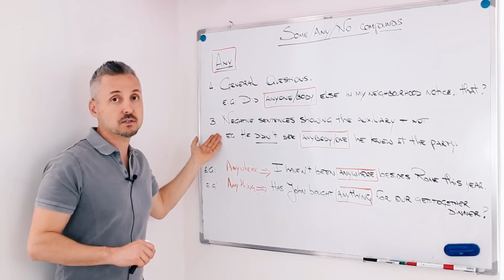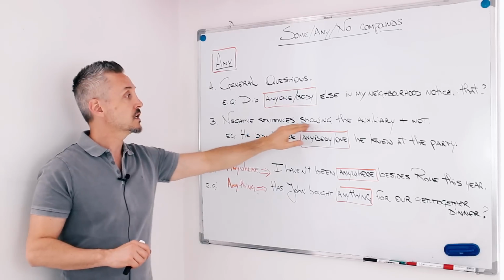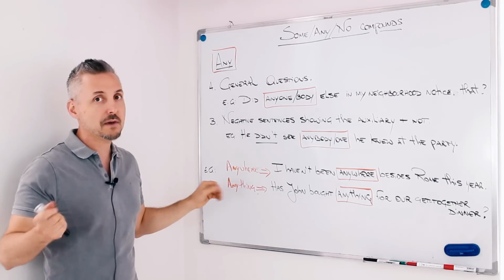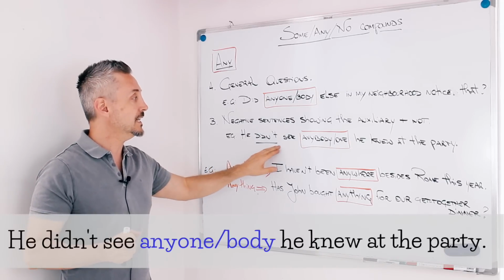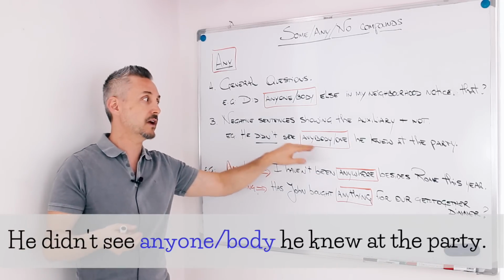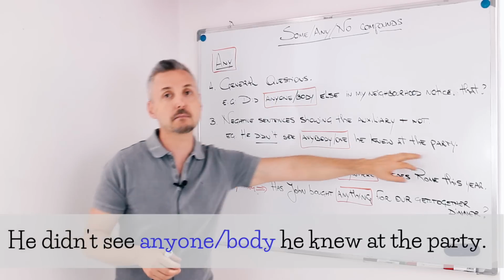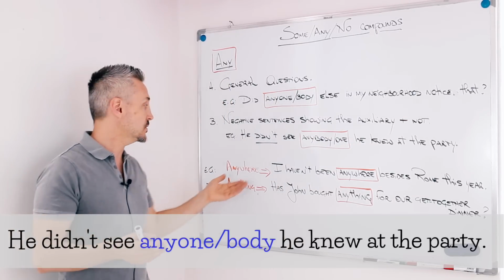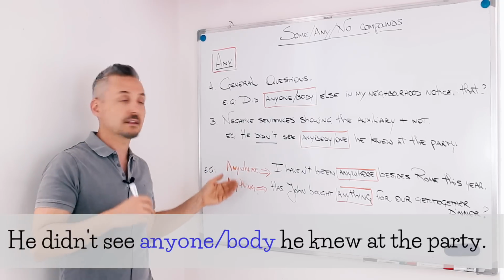We use it also for negative sentences, showing the auxiliary plus not, obviously. Like in my example, he didn't see anybody or anyone he knew at the party. Remember that any can also be used with where and thing.